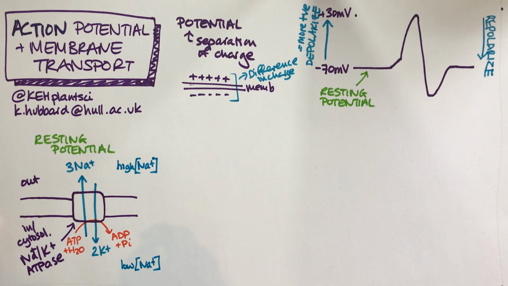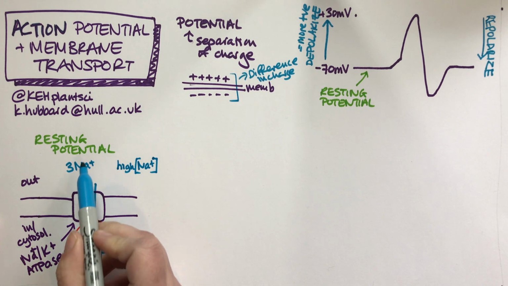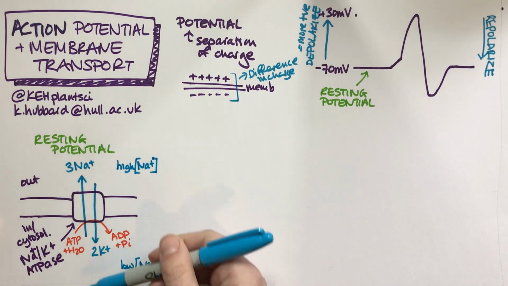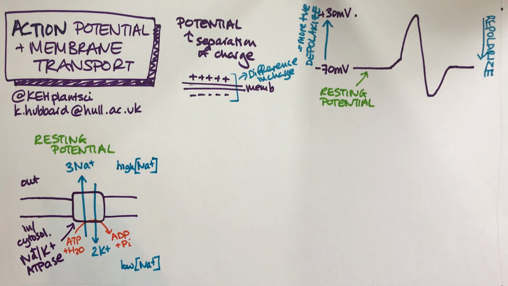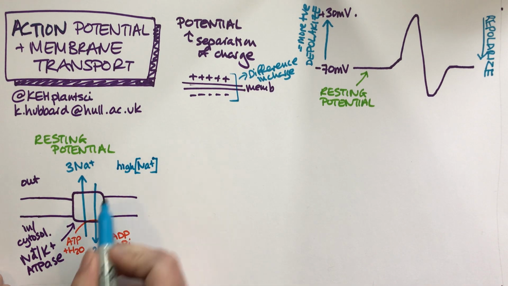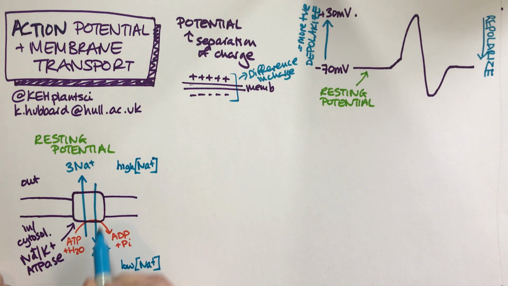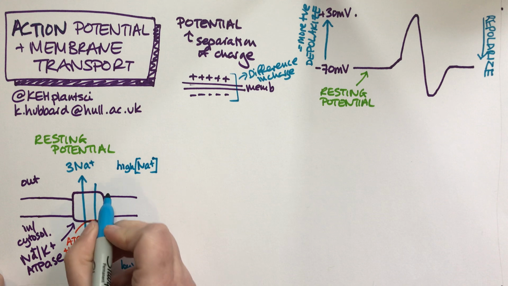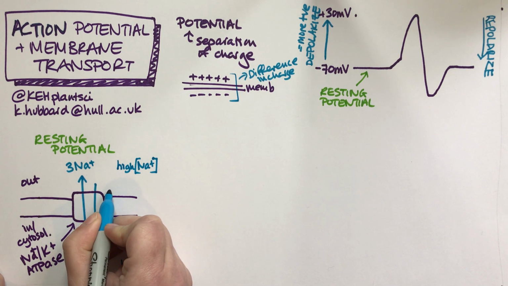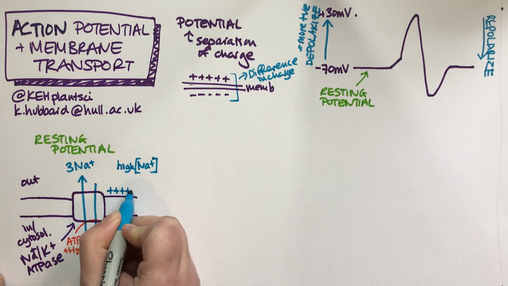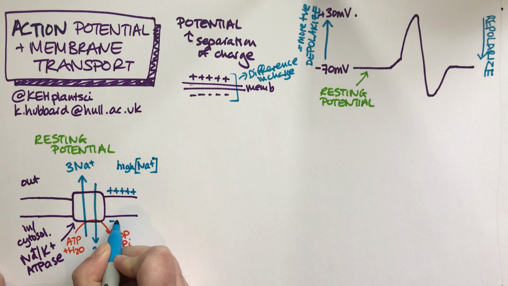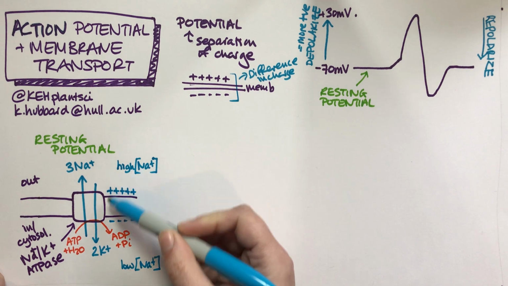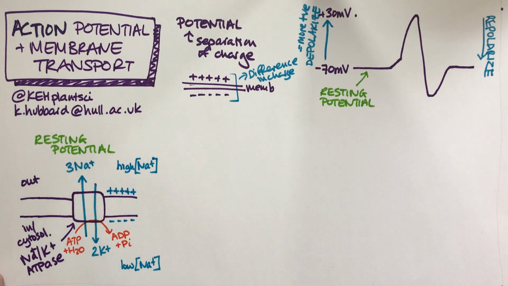But when it pumps 3 sodiums out and brings 2 potassiums in, overall we've got an imbalance of charge. More positive stuff has left than has come in, so overall we get a difference in charge across the membrane. It's more positive outside than it is inside. There's an imbalance in the ion movement.